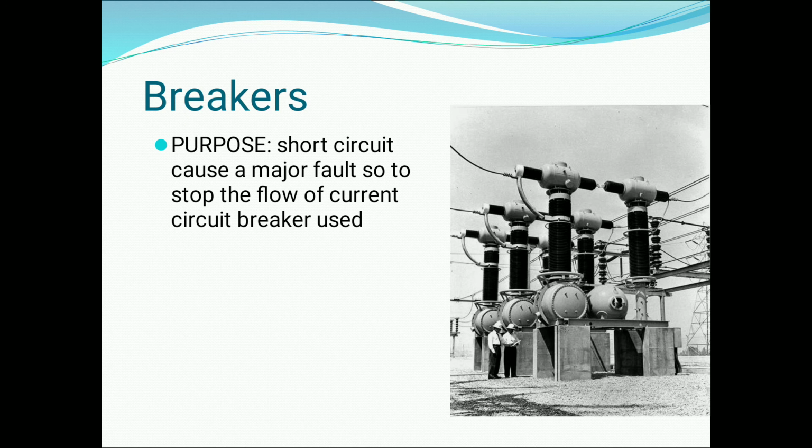Now about the breakers. Sometimes a short circuit happens inside the transformer, or somewhere outside the transformer, and a short circuit causes a major fault. So to stop the flow of current, a circuit breaker is used.